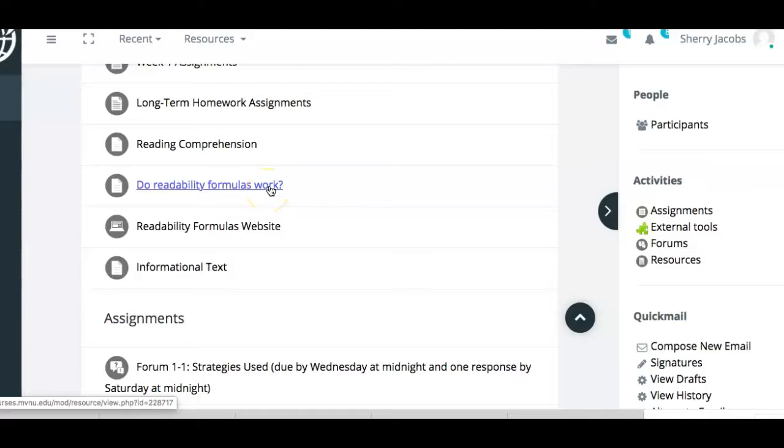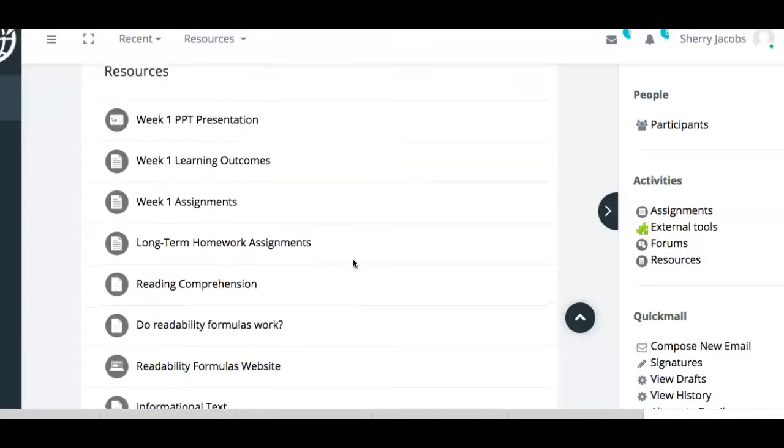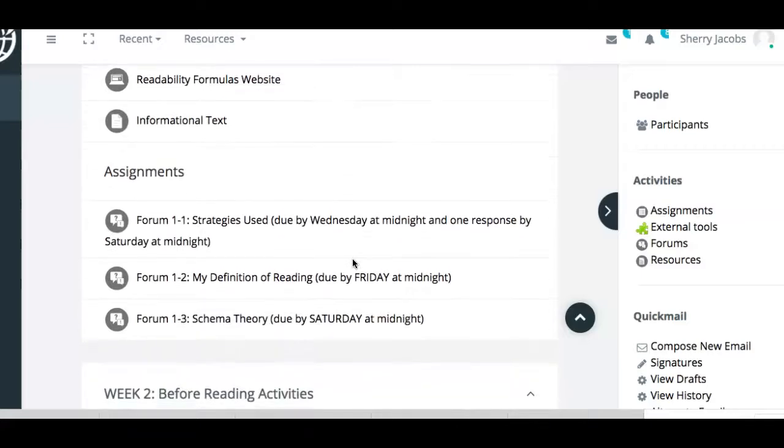Do readability formulas work? There's a readability formula website that you need to look at, and an informational text handout. These are all things that you'll need to read, to watch, to view, so that you're ready to do the assignments.